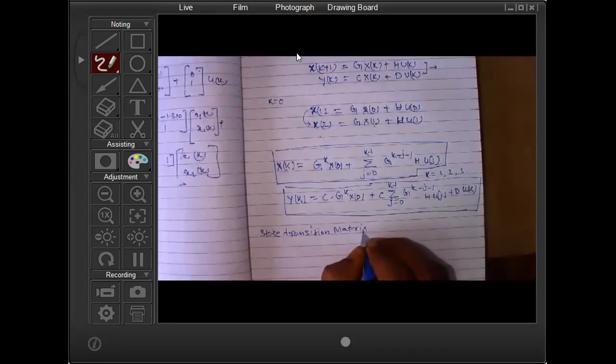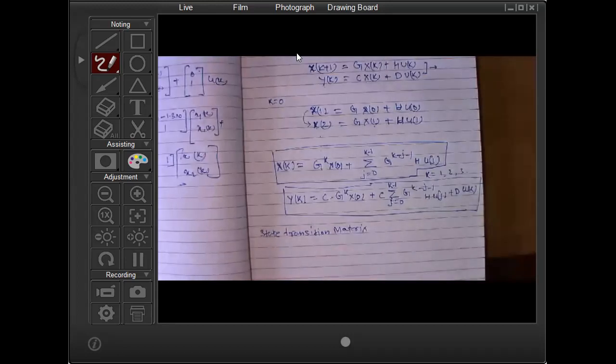If you recall in the continuous time domain, from the solution point of view, we classified the state space representation in two ways. The first is called the homogeneous state equation, and the second is called the non-homogeneous equation.